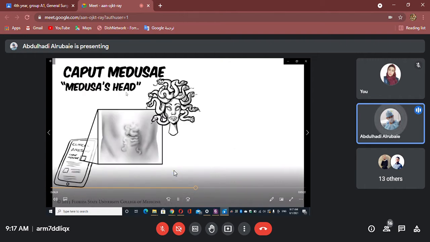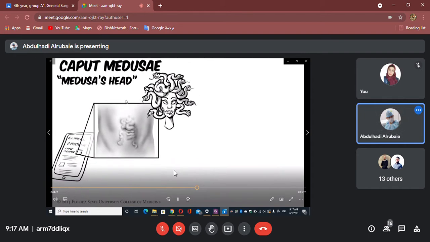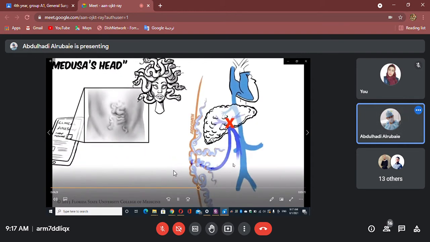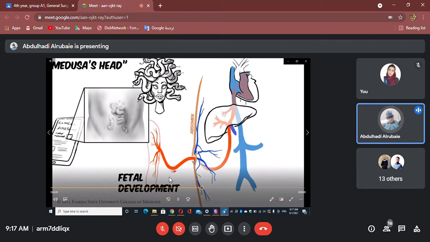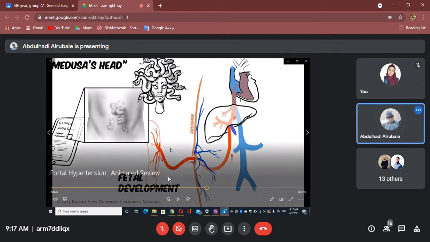Here, of course, caput medusae, you all know it. This is communication between the portal and subcutaneous veins around the umbilicus. During placental life or intrauterine life, blood flows through the placental vein to the liver.